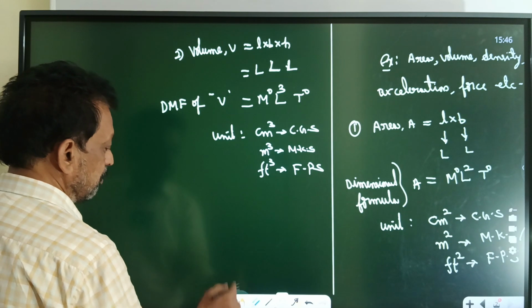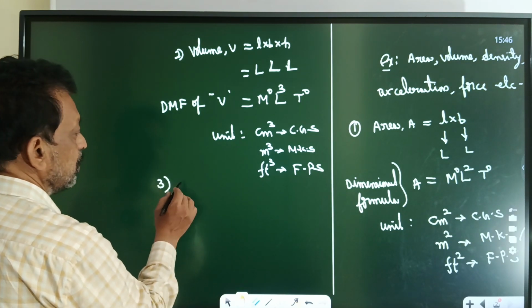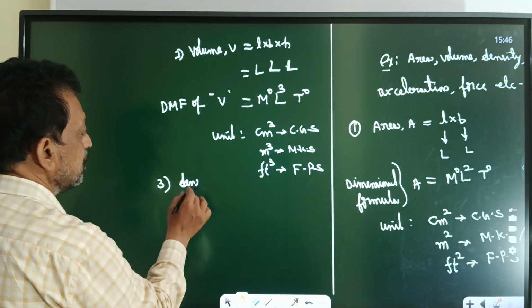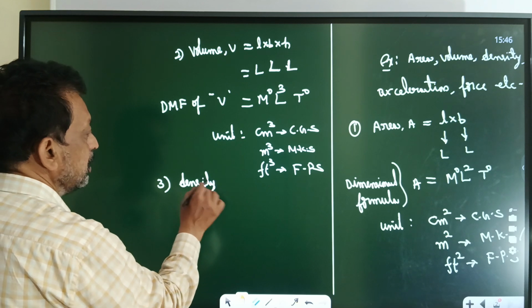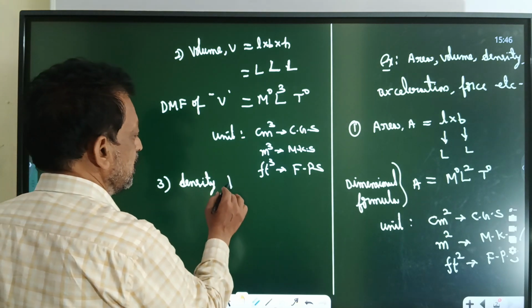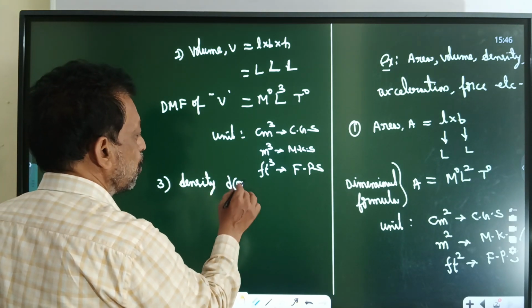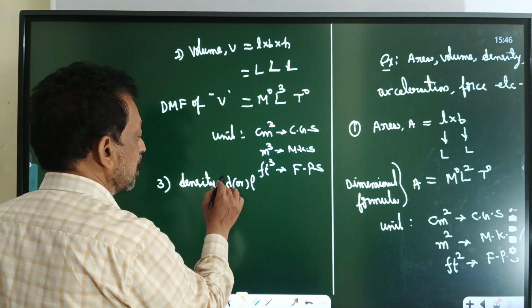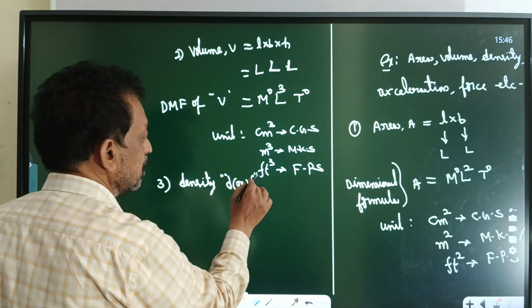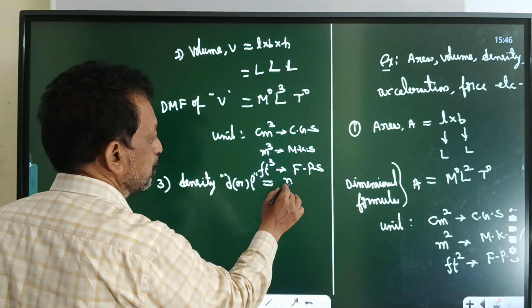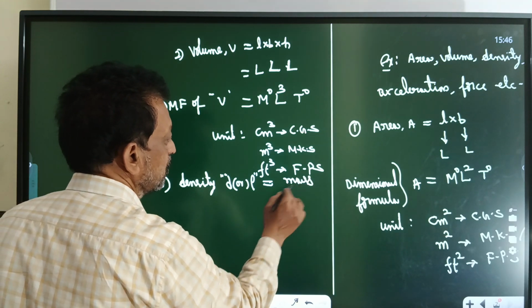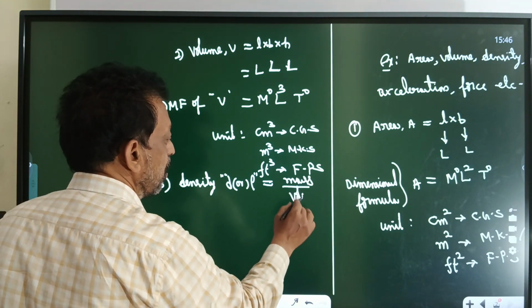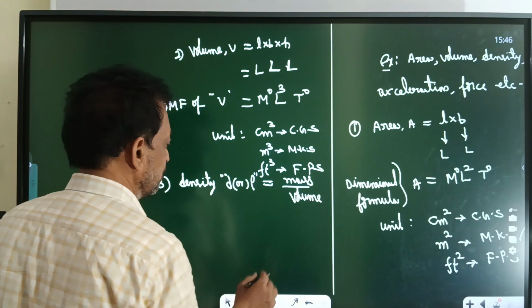Now write density. Density symbol is D or rho. Density is equal to mass by volume. All of you know density is equal to mass by volume.